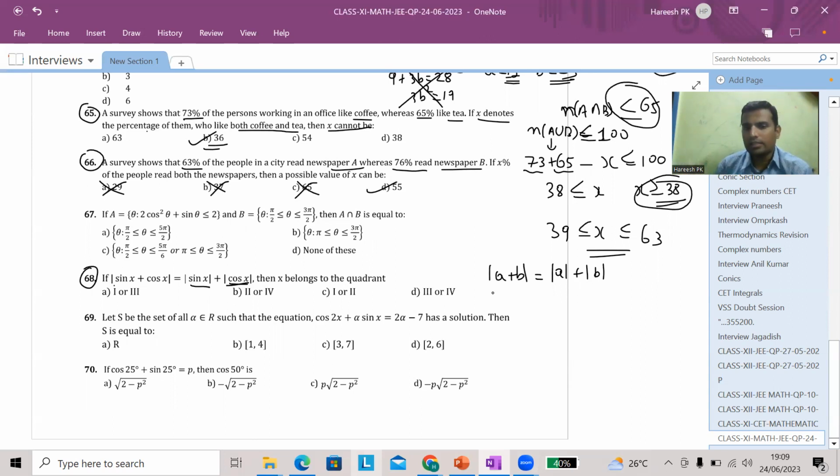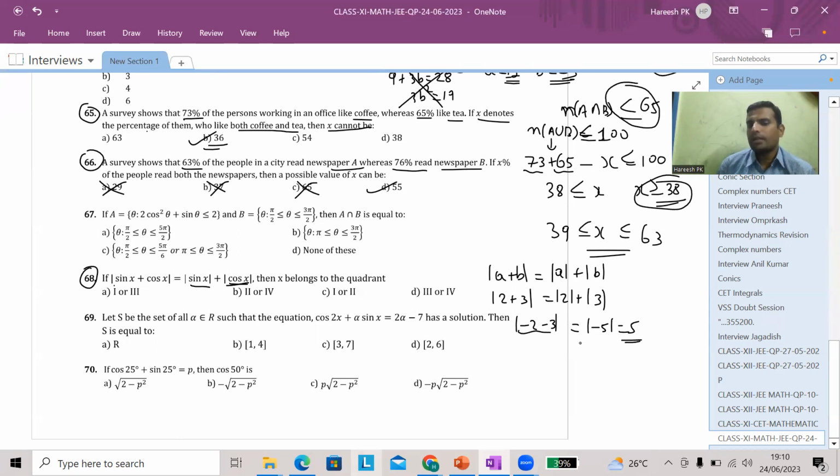Let us take an example. Mod of 2 plus 3. Mod of 2 plus 3 is how much? 5. And how much is mod 2 plus mod 3? That's also 5. And mod of minus 2 minus 3. Mod of minus 2 and minus 3 is mod of minus 5, which is 5.